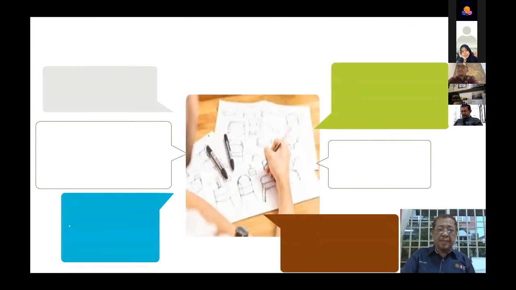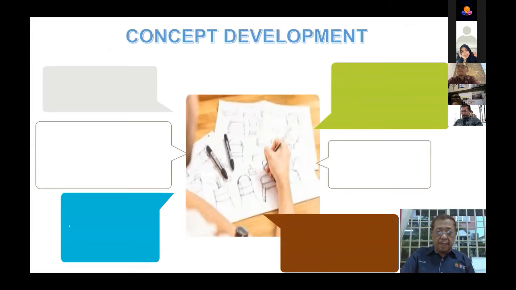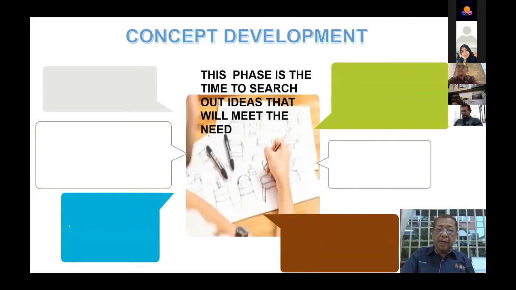The next step is concept development. This is a phase where you want to get as many ideas as possible so that you can incorporate into the design of the product.